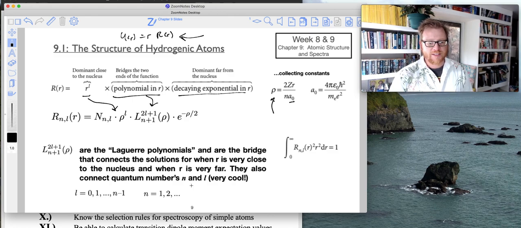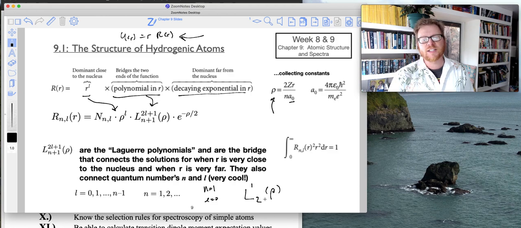For example, when n is equal to 1, we know that L can only equal 0. If I were to look up that Laguerre polynomial, the notation would be written as L with a 1 and a 2, because when L is 0, 2 times 0 plus 1 is 1, and when n is 1, that bottom term is 2.